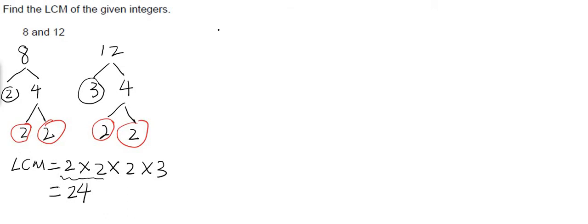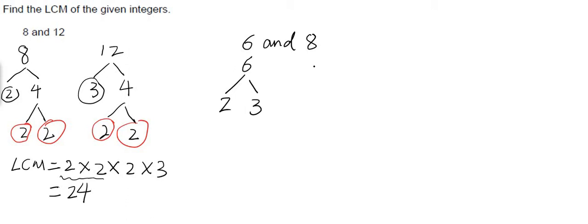For example, how do we find the LCM of 6 and 8? We're gonna follow the same strategy. Factor the 6. So 6 can be factored as 2 times 3, right?